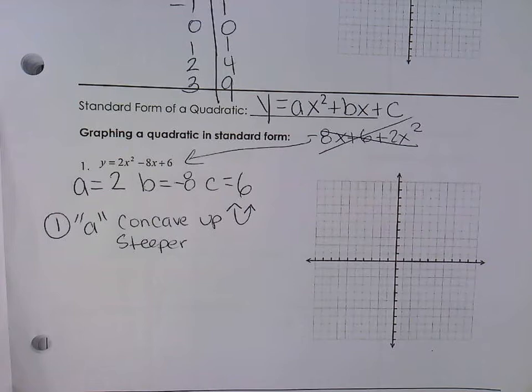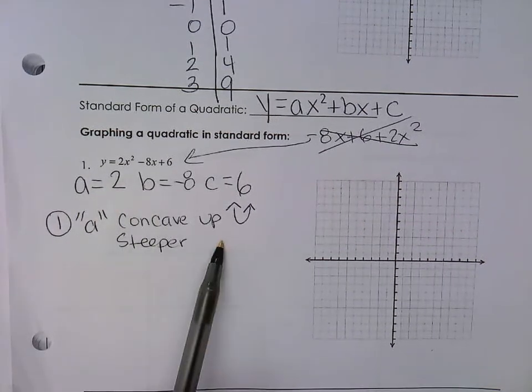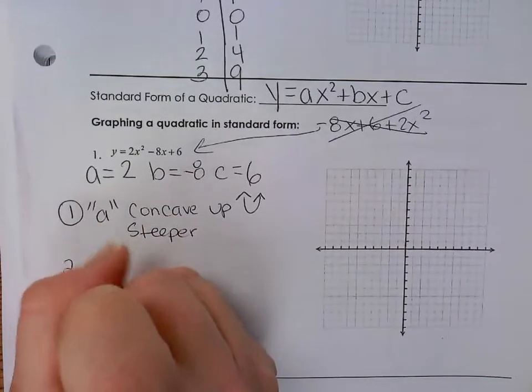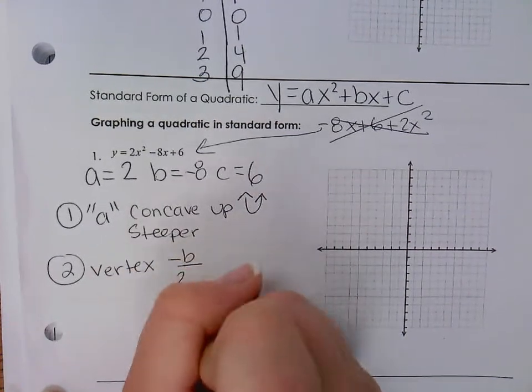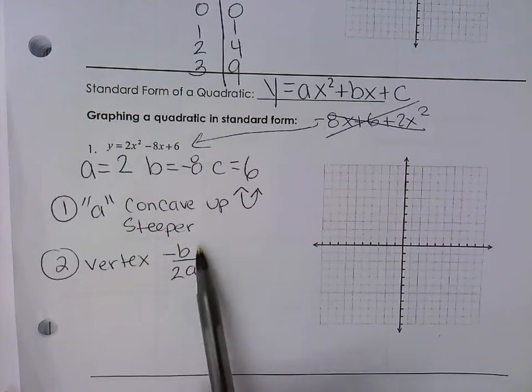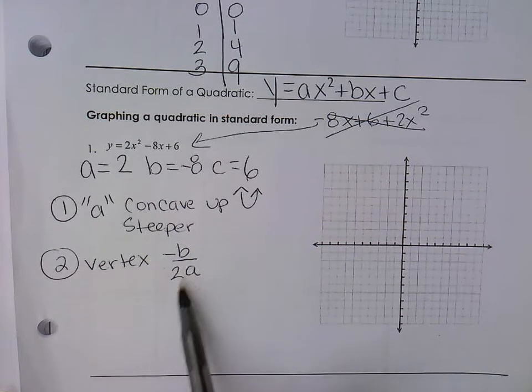So you've got two pieces of information, just thinking about what the graph's going to look like: concave up and steeper. And then number 2, you do your vertex calculation by taking the opposite of B over 2A. That should be kind of a memorized formula. If you've forgotten it, we're going to use it a lot today and tomorrow. So the opposite of B all over 2A.